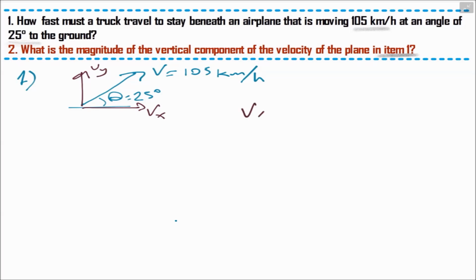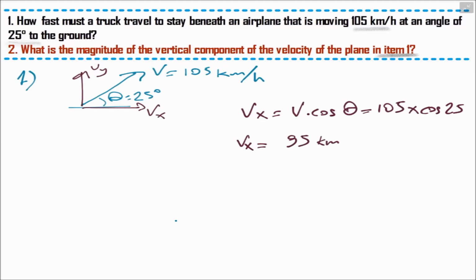So Vx equals, it is the adjacent, so we will use cosine: V times cosine theta. V is 105 times cosine 25. So Vx is going to be 105 times cosine 25. It's going to be 95 km per hour.